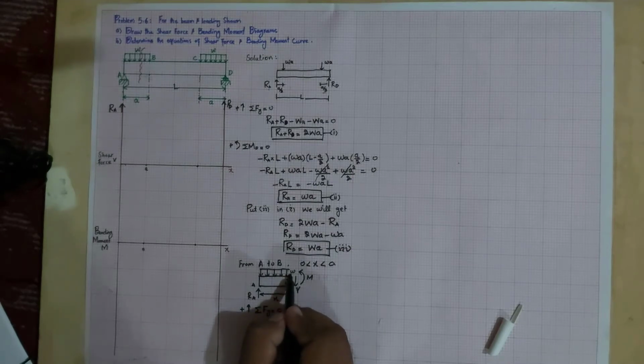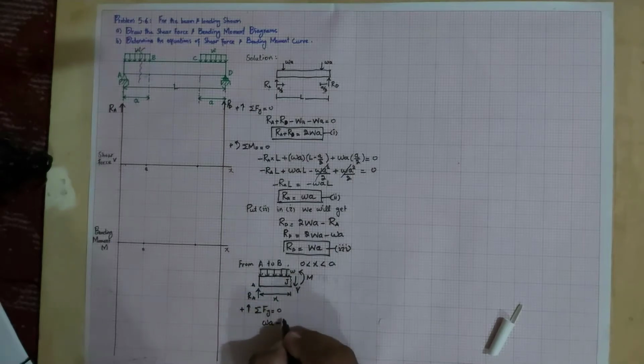You just multiply this W with X. So that will be W into X minus this shear force V is equal to 0. It means that V will become equal to W, if we take common, (A minus X). So this is the shear force equation. This is equation number 4.